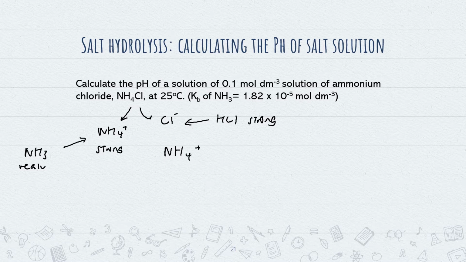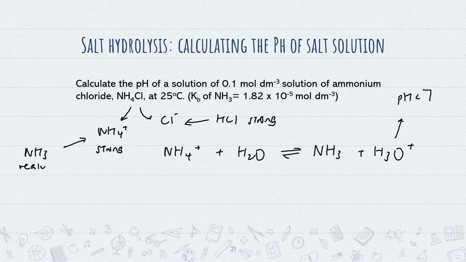Your NH4+, since it's a strong conjugate acid, is able to transfer a proton to water to form H3O+ and NH3. So already you know that the pH should be less than 7 because there are more H+ ions than OH- ions.